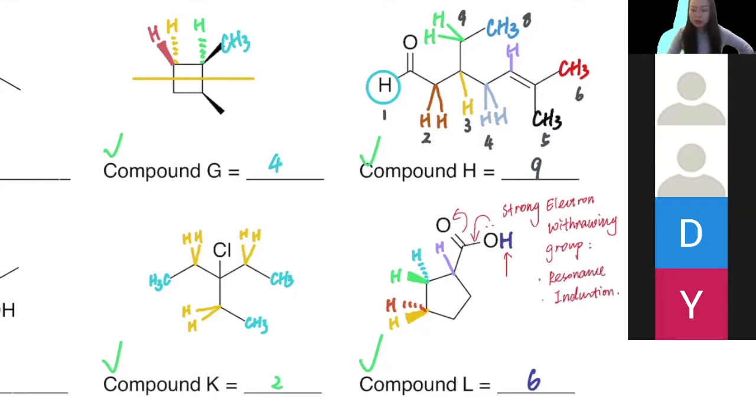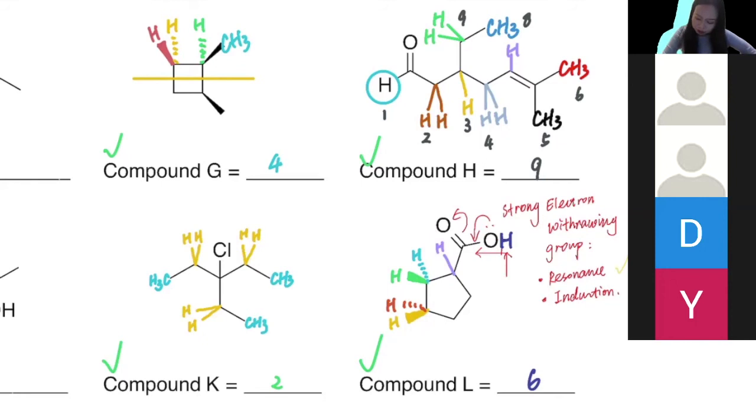Induction describes how oxygen is very electronegative, so it's stealing the electrons away from the hydrogen. So keep in mind, when both resonance and induction exist, the major reason is always going to be resonance.